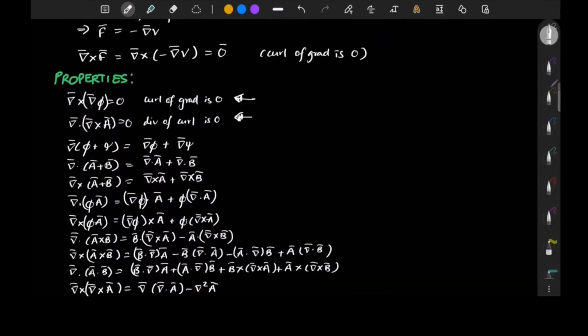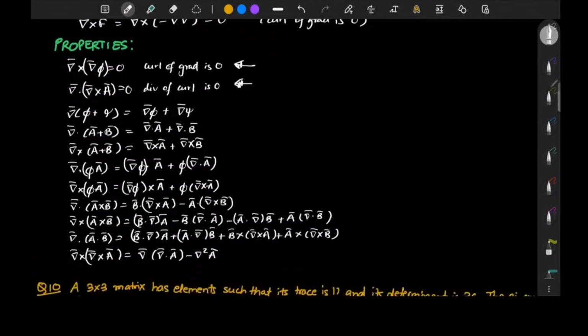You should definitely remember these two properties. And there are a whole bunch of other properties. Out of this, I would say this last one is also quite important. It occurs frequently when you are trying to study wave equation, electromagnetic theory. There you would be using this property.